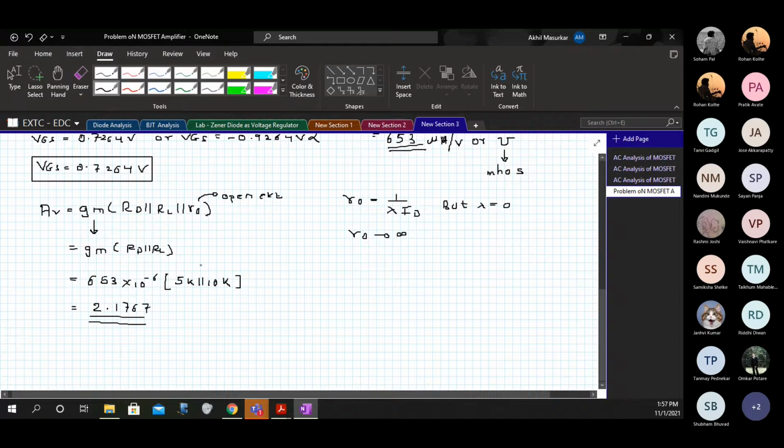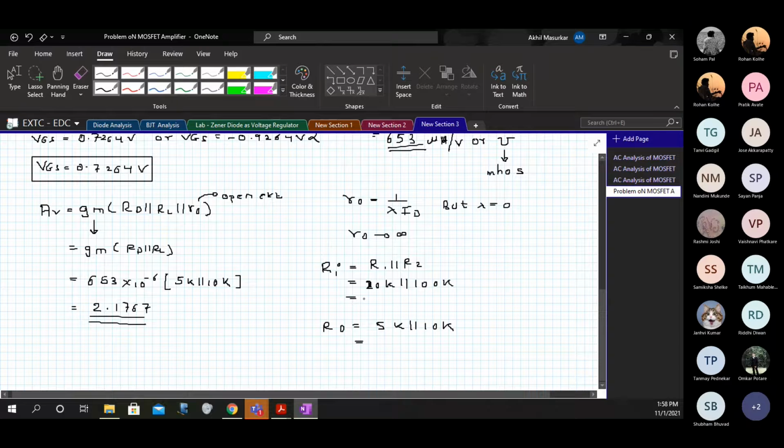What is the unit of gain? It will be unitless. Now Ri will be R1 parallel to R2. That will be simply 10K parallel 20K parallel with 100K. Whatever this value is, you will write, and R0 is going to be simply 5K parallel to 10K, which you must have just now calculated.